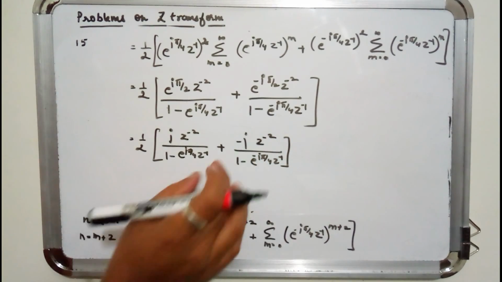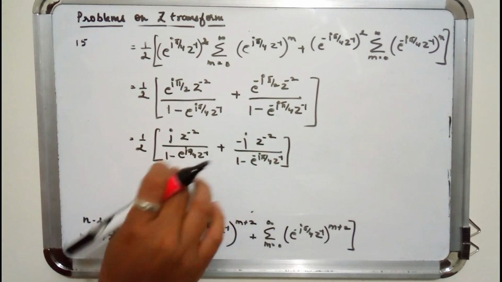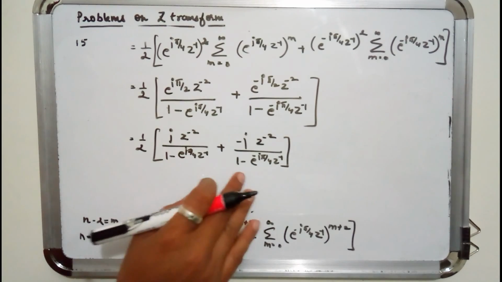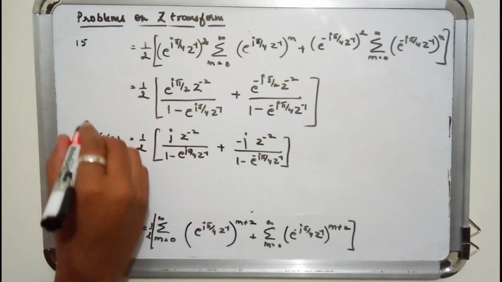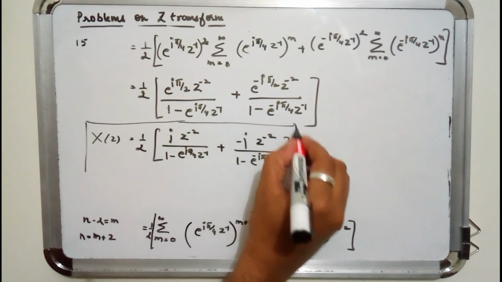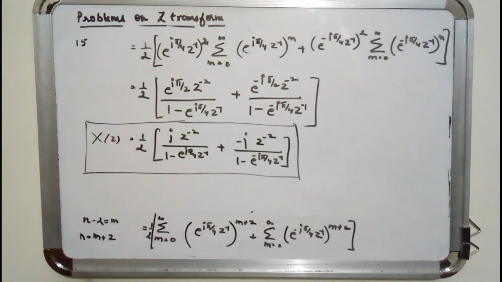So you can simplify it further, but the final answer, if you simplify it further, you will get the simplified version, or else you can keep it at this moment. So this is my Z transform of the given problem.